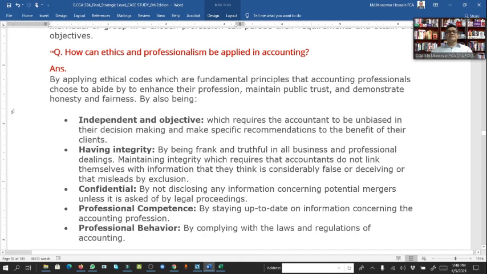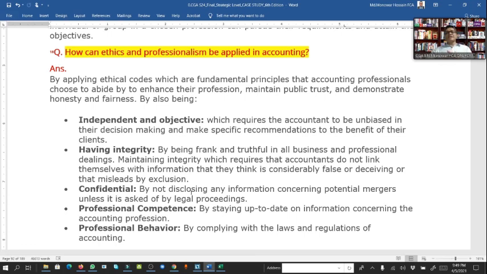How can ethics and professionalism be applied in accounting? By applying ethical codes, which are fundamental principles that the accounting profession chooses to abide by, hence their professionalism, maintaining public trust, and demonstrating honesty and fairness, also being independent and objective.